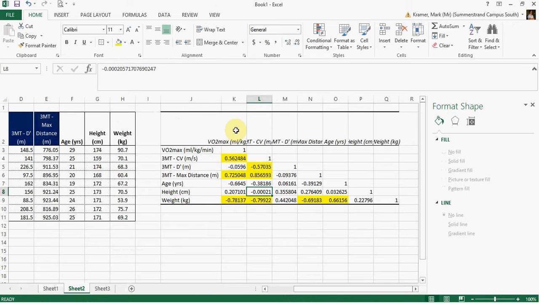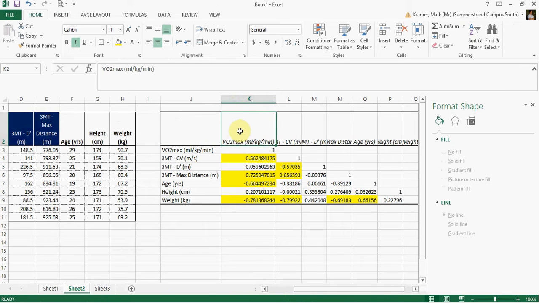So in terms of my VO2 max, I'm pretty much interested in these values down here. Which of my independent variables correlate the strongest with my dependent variable? Since VO2 max is the one that I'm trying to predict, these are the ones that correlate the highest. So there is some good news involved in this, the fact that these tend to correlate quite well.